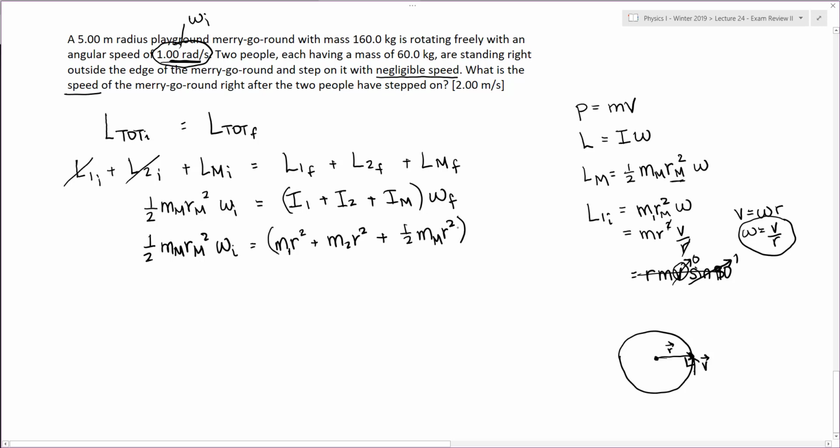All of that times the final angular velocity, which we're looking for the final speed, so we're going to change that over to v over r. Okay, all of these r's are the radius of the merry-go-round.